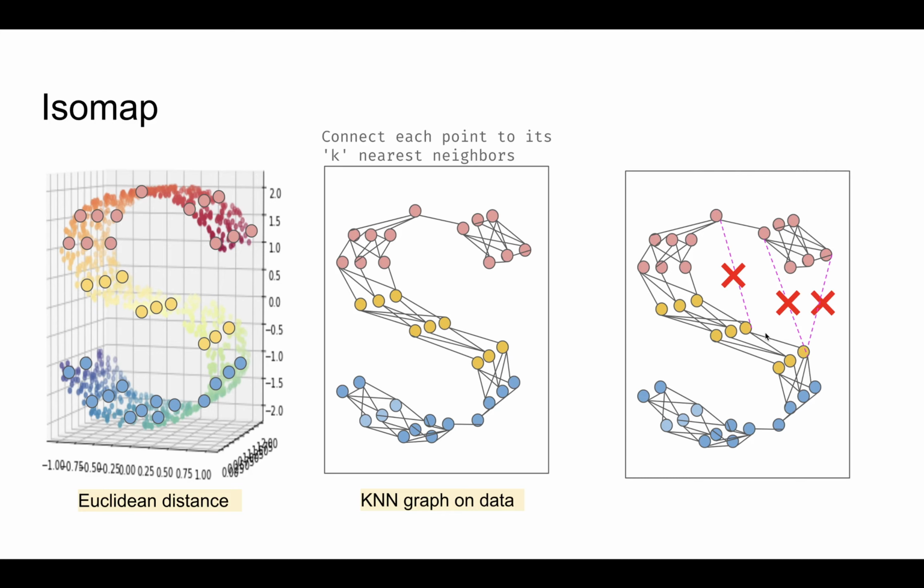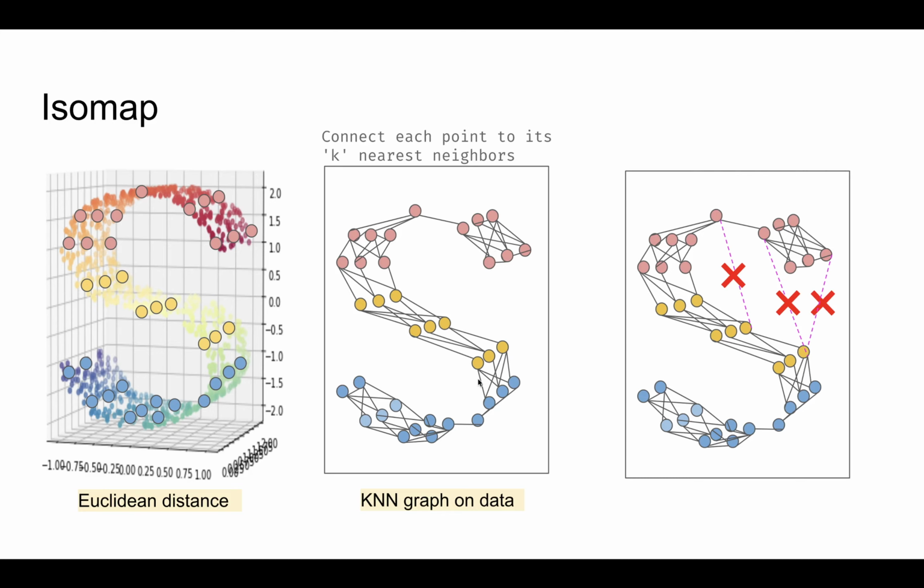So if we look at a three-dimensional manifold shown here by the data points arranged in the fashion of the letter S, on this particular plot I've drawn some of these dots, red dots, orange dots and blue dots. So the general method with Isomap then is to find k nearest neighbors for each of the data points and create this KNN graph.